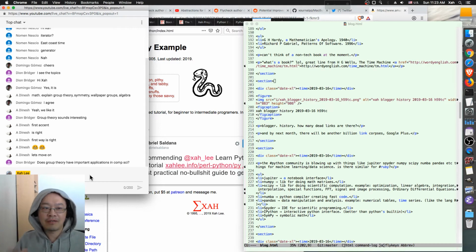So I'm going to talk about group theory. So there's algebra, then there's calculus. Calculus, as far as application goes, you can measure the speed of a car. That's actually calculus. You can measure the area of an irregularly shaped swimming pool, things like that.